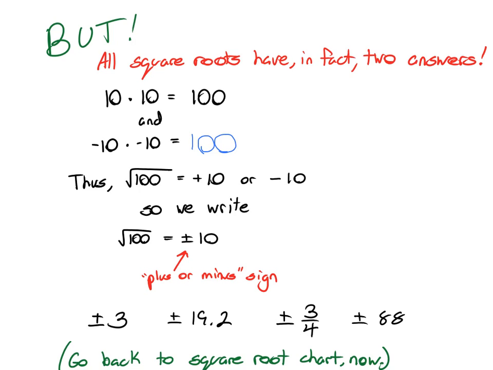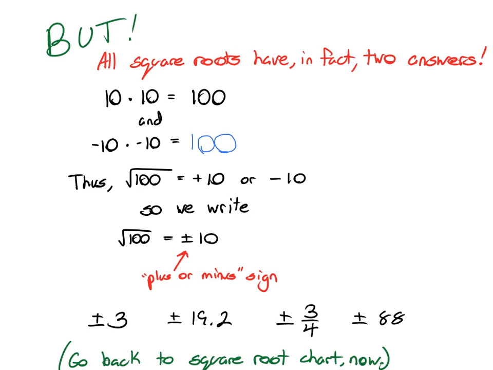And we also know that the square root of any number asks us to figure out what 2 of the exact same numbers multiply together to get me the number underneath the square root sign. Well, we know the square root of 100 is 10 because positive 10 and positive 10 give me 100.